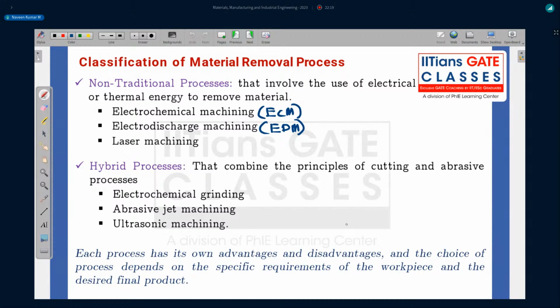So there are a wide variety of processes, and each one has a specific advantage and disadvantage. So we'll try to pick the one which has the most advantages for the specific material that you are going to machine.